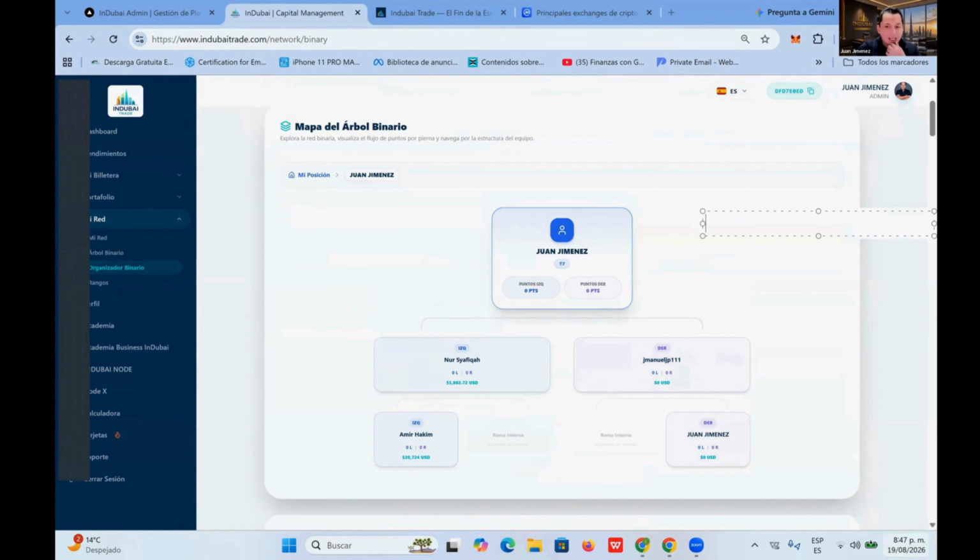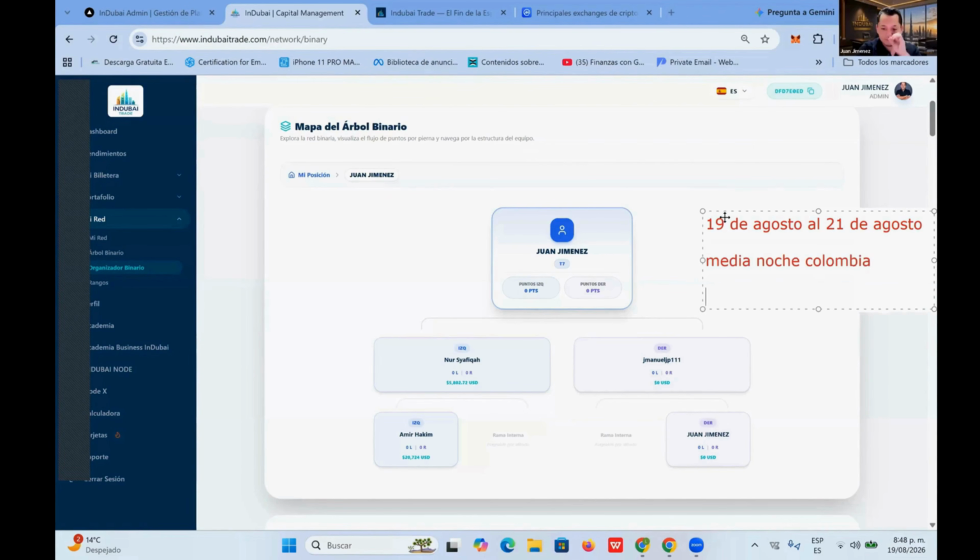Let me make this perfectly clear for everyone. Starting from today, August 19th, and continuing until August 21st at midnight, Colombia time, that is the specific period we are talking about.